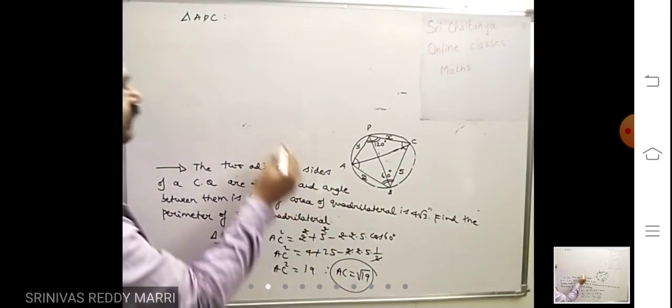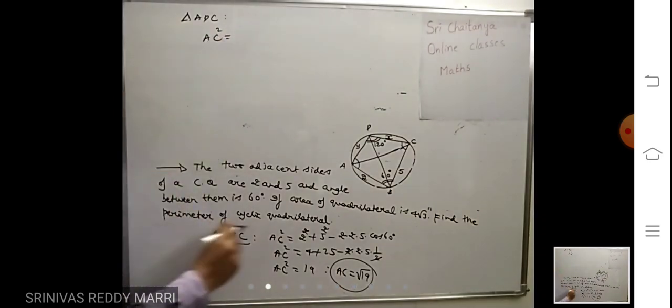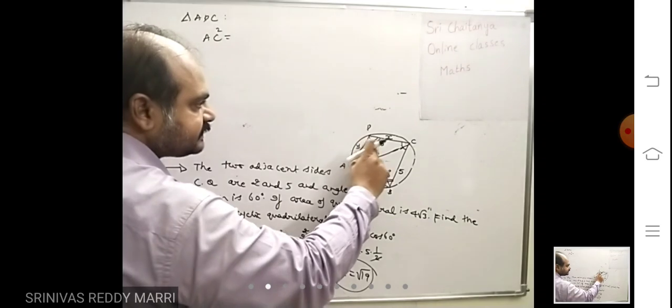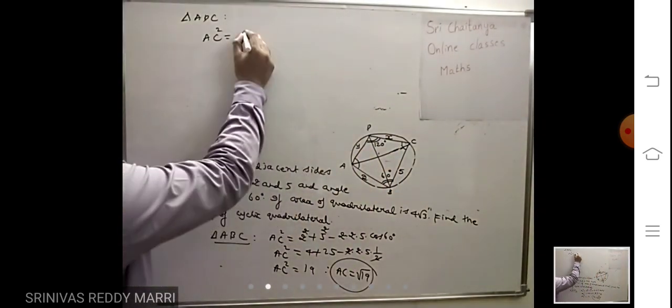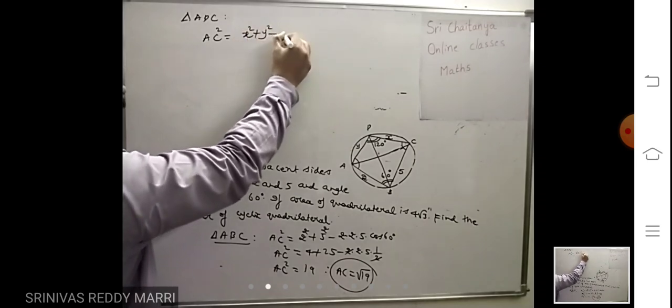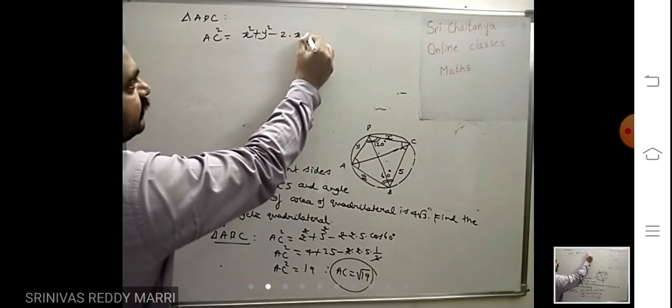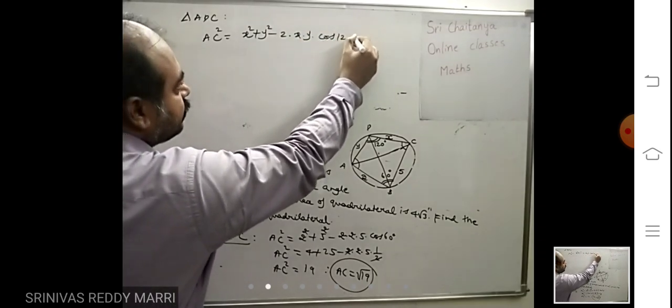Now for AC, I am applying the cosine rule. AC square equals, look, this side is X, this side is Y, and the included angle. AC square is X square plus Y square minus 2 into X into Y into cos 120 degree.